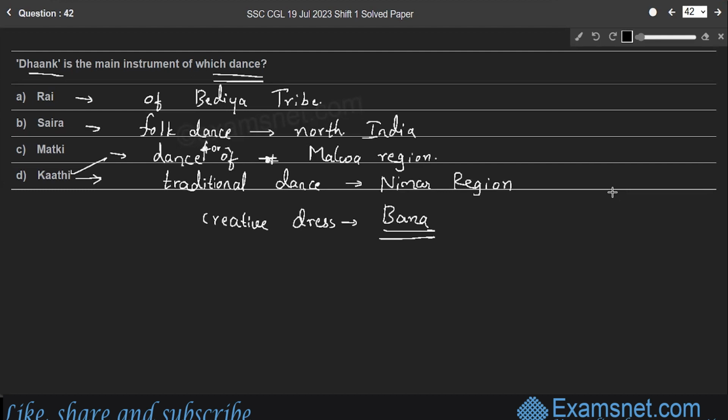The dancer has a veil on her face. The main instrument used in this dance is dhol. Whereas the instrument used in Kathi dance is dhank. So option D is the right answer.